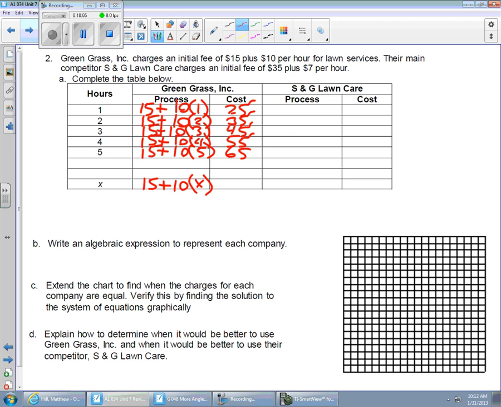All right, let's look at the S&G. What's their process? Initial fee of 35. So everything S&G does is $35. $7 per hour. So $7 times the number of hours. I'm saying one thing and then I'm writing something different.